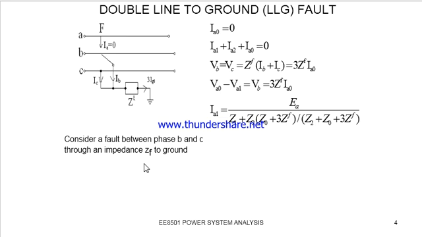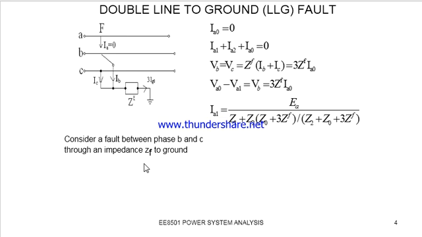Therefore, VB and VC will be equal and this is equal to ZF into IB plus IC because they are going to totally add up. This is not going to be a go and return case. Both IB and IC totally will be adding to flow through the ZF value. Hence, we can have it as 3ZF into IA0. VA0 minus VA1 is equal to VB, which is equal to 3ZF into IA0.